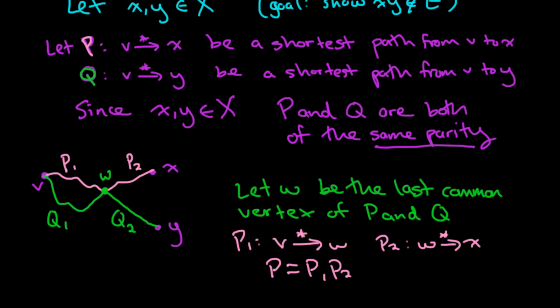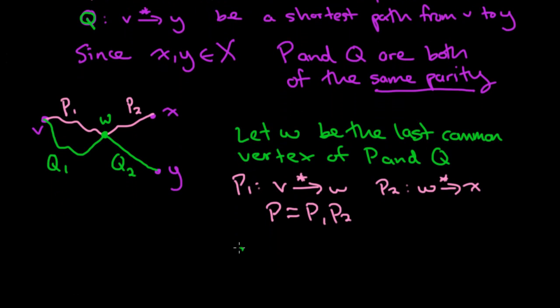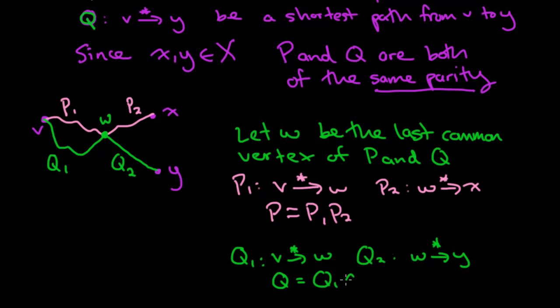And similarly with the Q path, we know that Q1 goes from V to W, and Q2 goes from W to Y, where Q is simply Q1 followed by Q2. So this is sort of what we've done. We've just said, okay, W is the last place where they have something in common, and then we'll just label each of these four pieces of path separately so that we can make particular arguments about these paths.